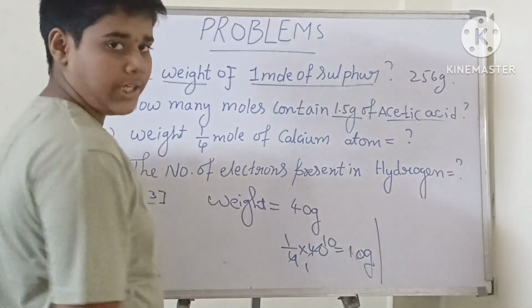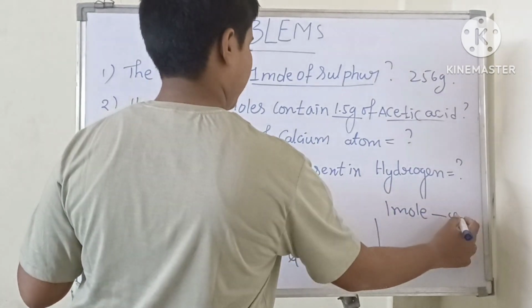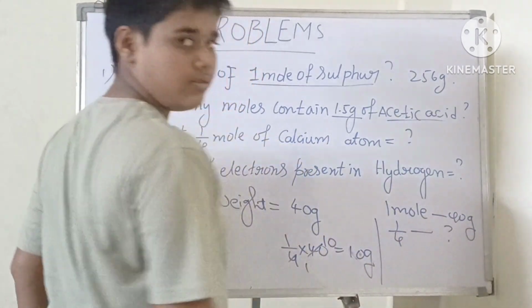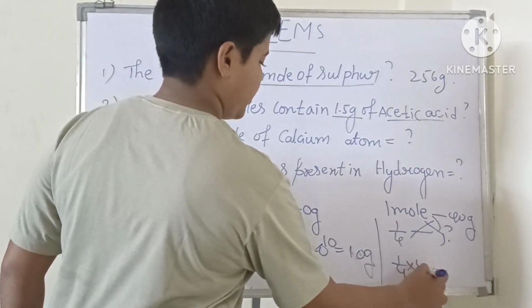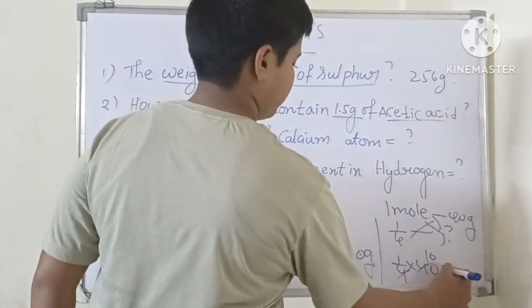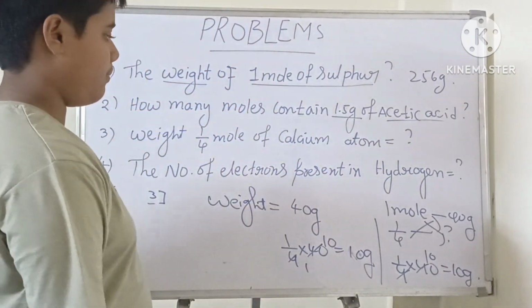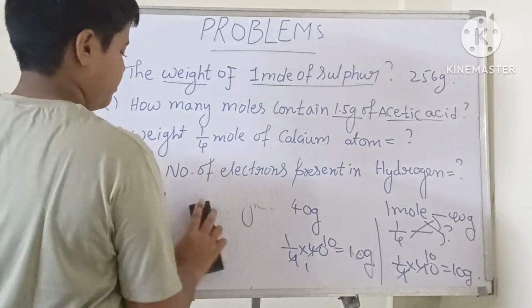How? In 1 mole, 40 grams. And in 1/4 mole, how much? Cross multiplication. So here 1/4 into 40, which is nothing but 10. So 10 grams is the answer. Okay. So this is the third sum.